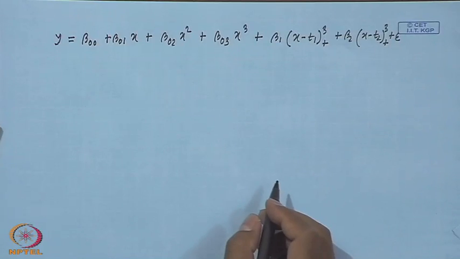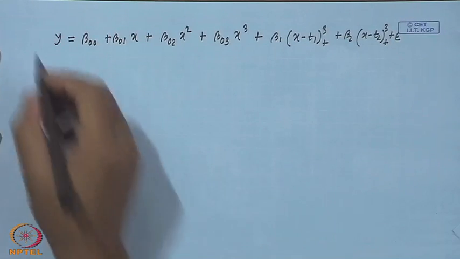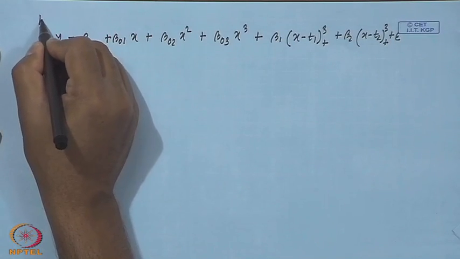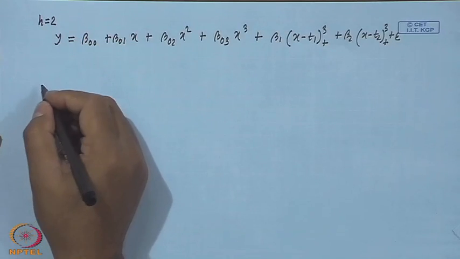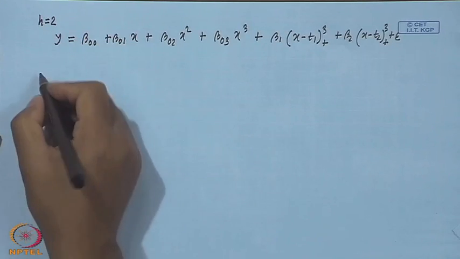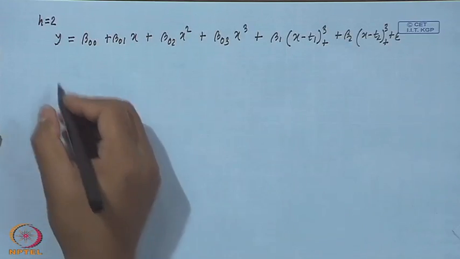So, this is the cubic spline model with 2 knots, that is h equal to 2. So, I just want to mention how to estimate the regression coefficients.